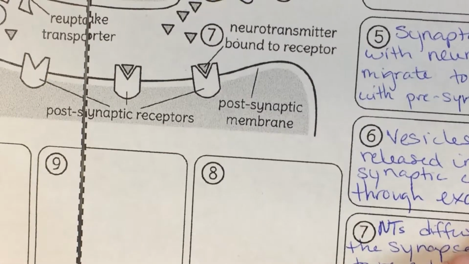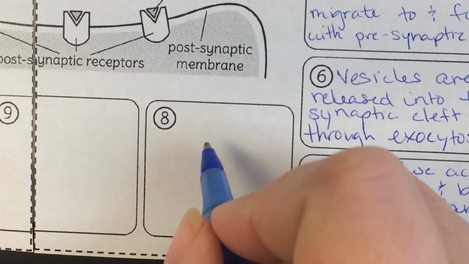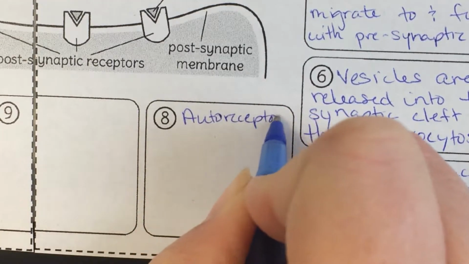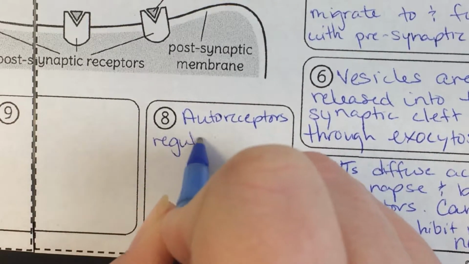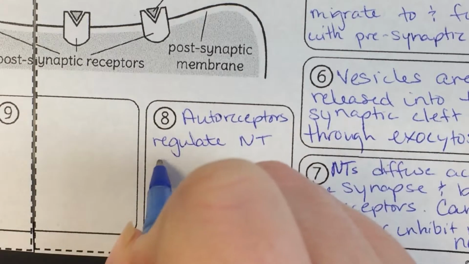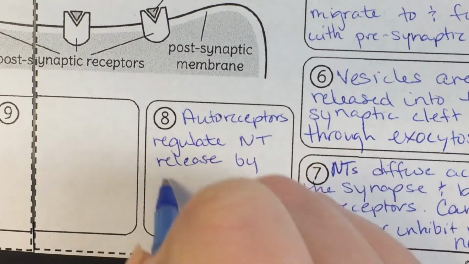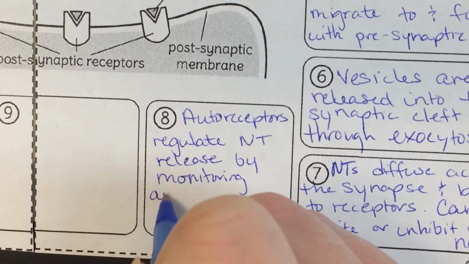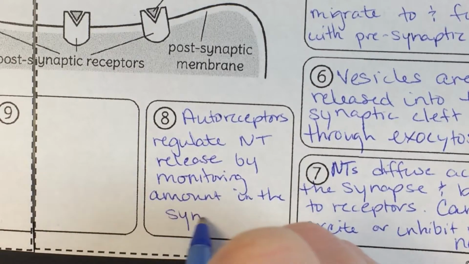So step 8, and this isn't in everything, but it just happens to be in this one. Autoreceptors regulate NT release by monitoring the amount in the synapse.